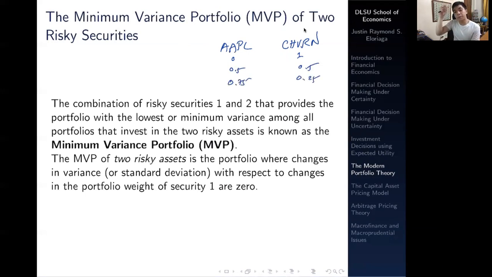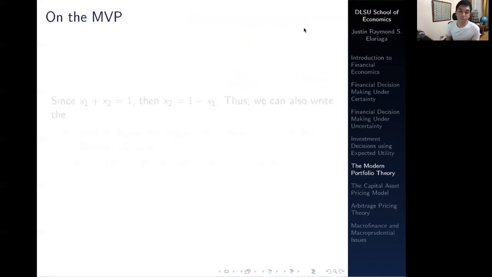You experiment with the different weights, and whichever weight combination yields the least variance will be the portfolio composition which corresponds to the minimum variance portfolio. And the MVP of two risky assets is essentially the portfolio where changes in the variance or standard deviation with respect to changes in the portfolio weight of security one are 0. And we're going to show this graphically in another video.